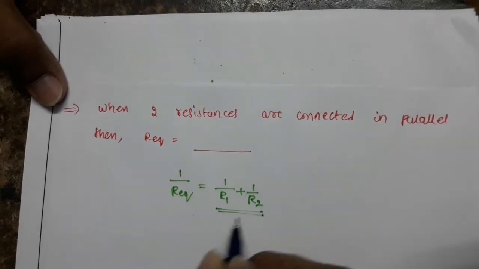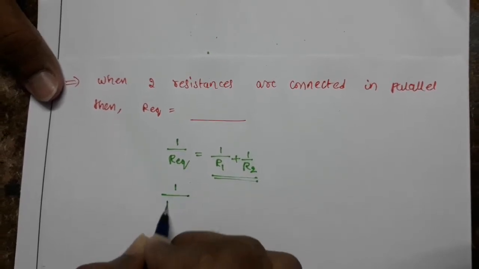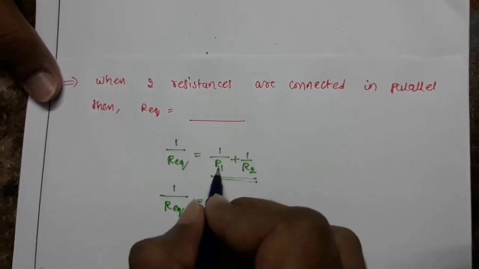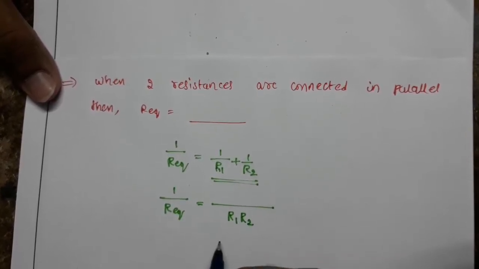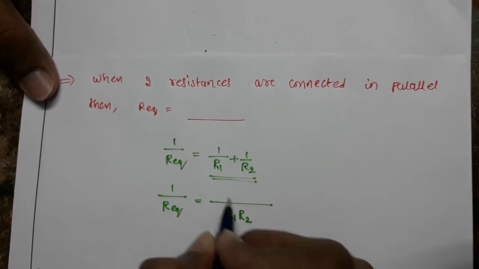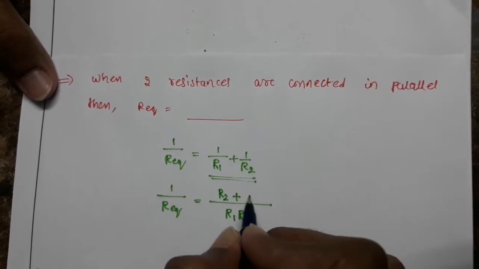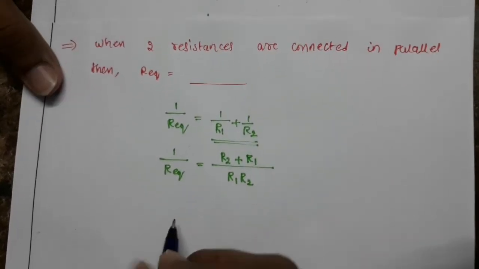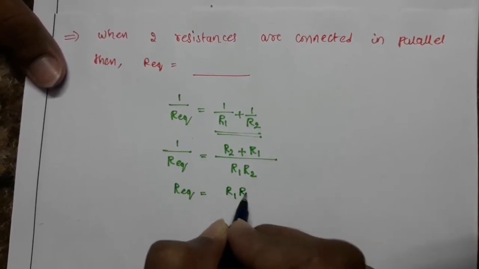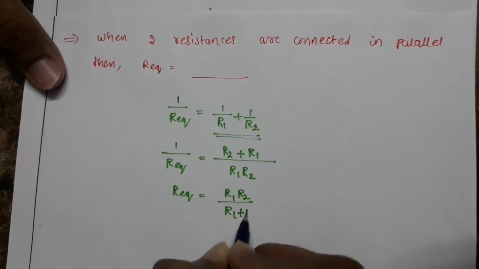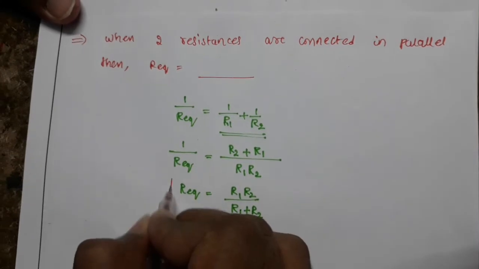Since only two resistors are connected in parallel, I am taking 1 by R1 plus 1 by R2. So 1 by R equivalent equals, for R1 and R2 the LCM is R1 into R2. R1 times, so R2 will be left. R2 times, so R1 will be left. So R equivalent equals R1 R2 by R1 plus R2. This is very important, friends.